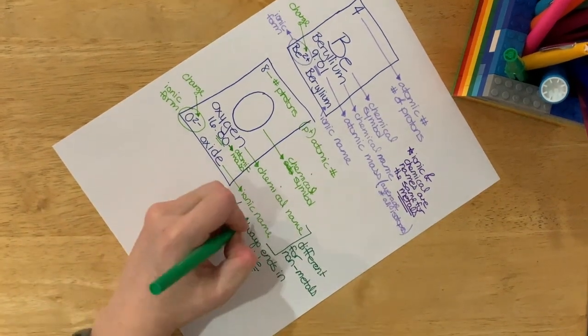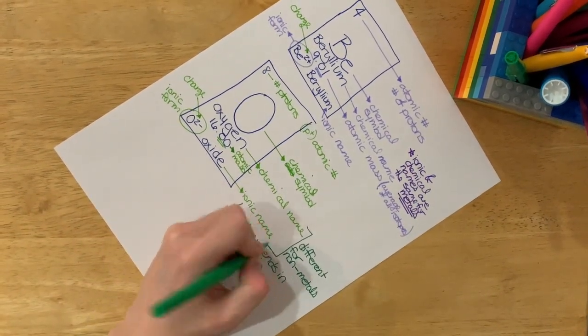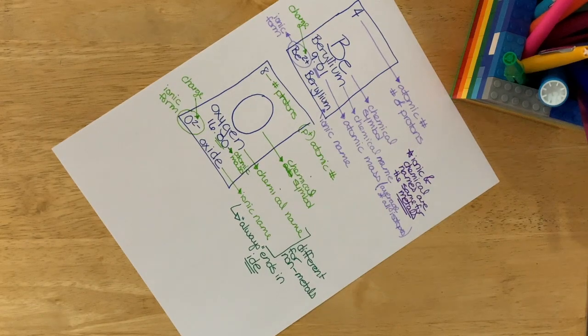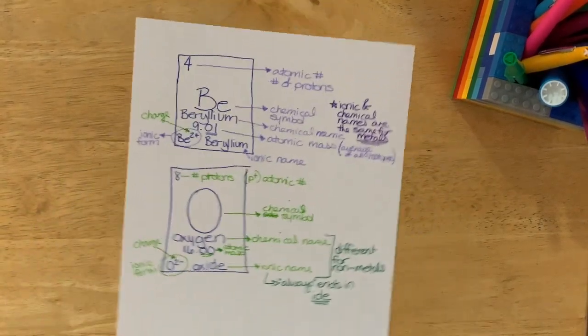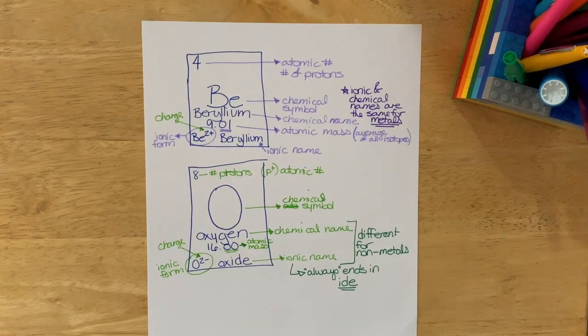I'm going to put quotations around always, because what you're going to learn in chemistry is that everything I teach you for grade 9 is true in grade 9. Then when you go to grade 10, we learn something a little bit more, and then there are all these exceptions. When you go to grade 11, there are more exceptions. By the time you get to university, you're only learning the exceptions.